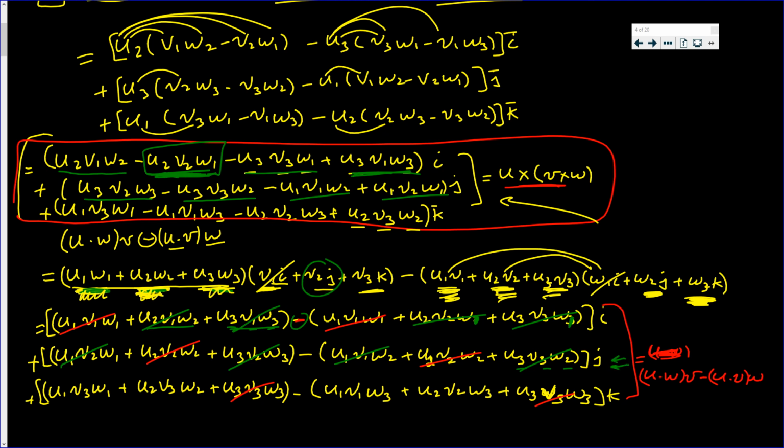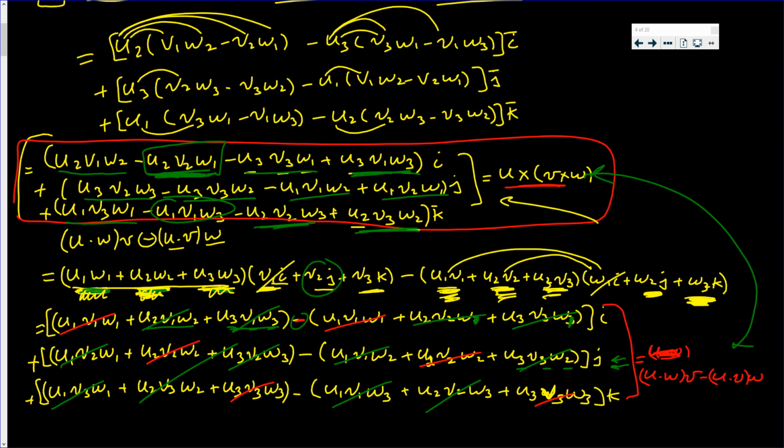Now to the k's. 1, 3, 1. Ooh, got it. I have to take away 1, 1, 3. Ooh, there it is. I have to take away 2, 2, 3. Got it. And I have to add 2, 3, 2. Got it. They're equal. These two are equal.